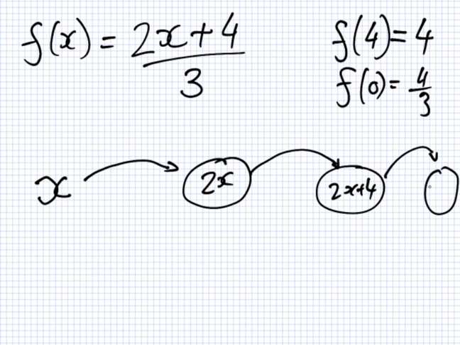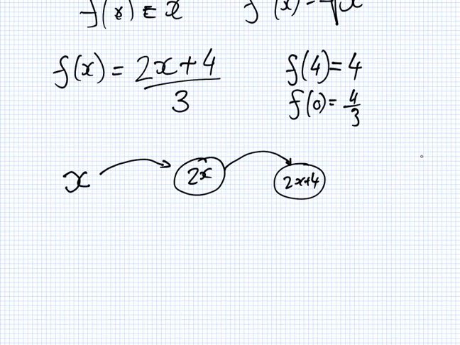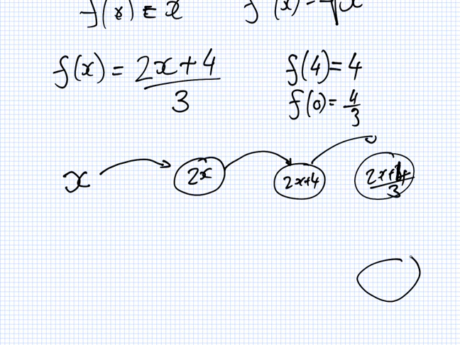How can we find the inverse function when it's a little bit more difficult? So for example, suppose I have a function where you take x, multiply by 2, add 4, and then divide it by 3. So what would f of 4 be?